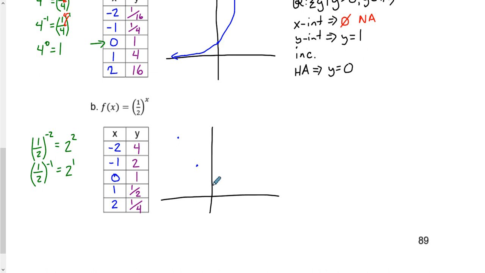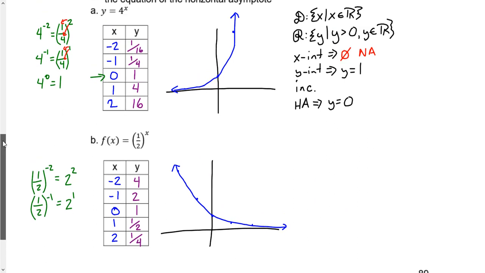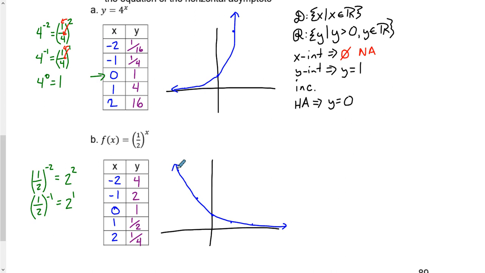At 0, we're at 1. At 1, we're at 1/2. At 2, we're at 1/4. So you can see that as we connect these dots, this is how it generally tends. Now, I'll make a note about how you can see basically how fast things rise in just a second.